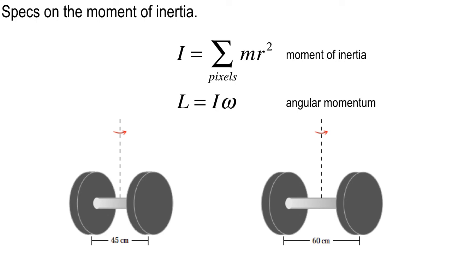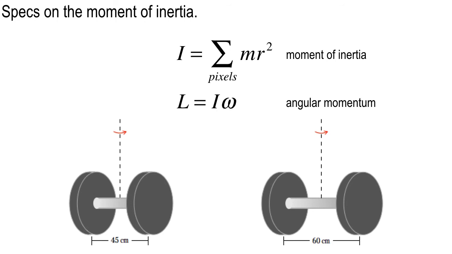Now, let's talk about the specs on the moment of inertia. The moment of inertia is basically this. As I've mentioned before, it's the sum of mr squared for each pixel of matter.